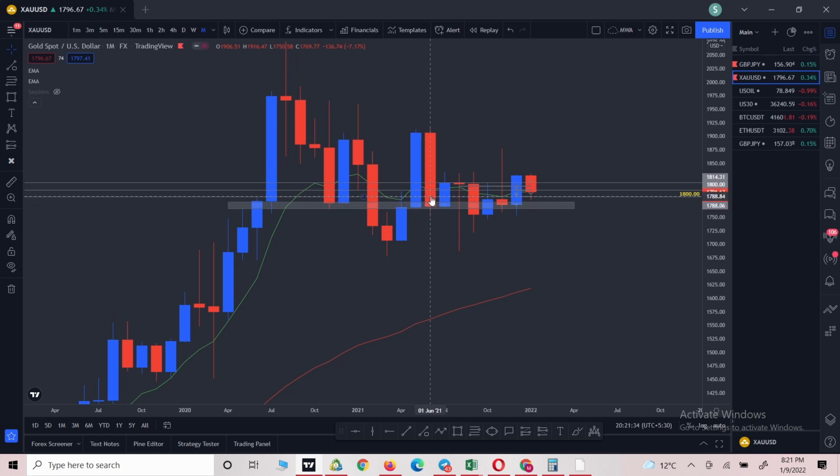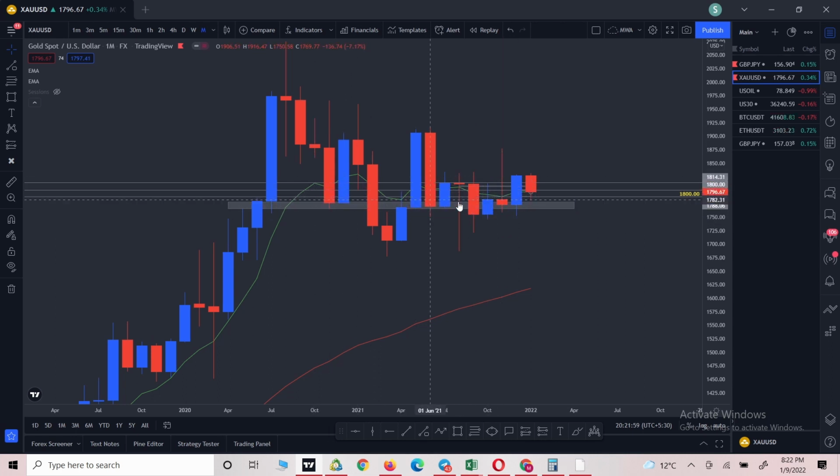Again, the price tried to break the zone, it could not, and bounced from the area. Then with this wick candle in August, price tried to break and close below the area, but the buyers pushed the price higher, and finally price closed above the zone. Then again in September, price broke and closed below the area, and the buyers pushed the price higher again.